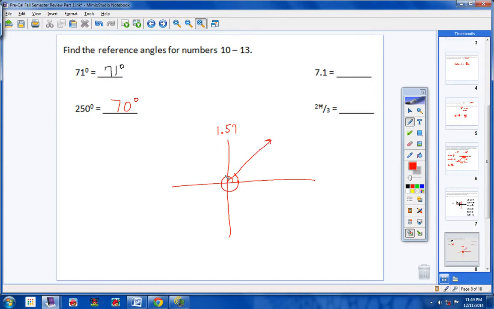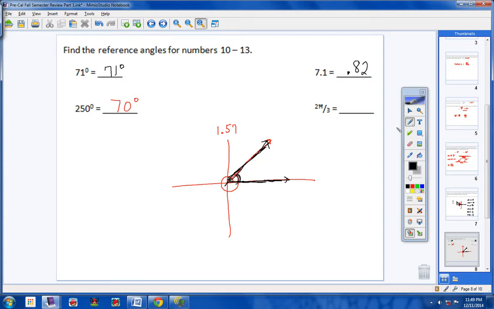So the reference angle is the angle that's formed by the terminal side, here's my terminal side, and the x-axis making an acute angle, so this much here. This little angle there is going to be 0.82 because one rotation is 6.28, and then 0.82 more gives you 7.1. So the reference angle is 0.82.